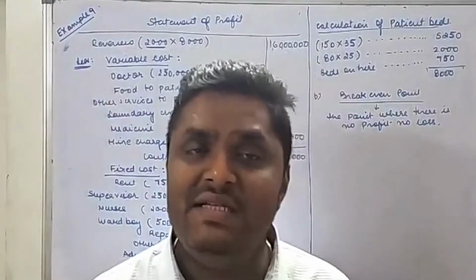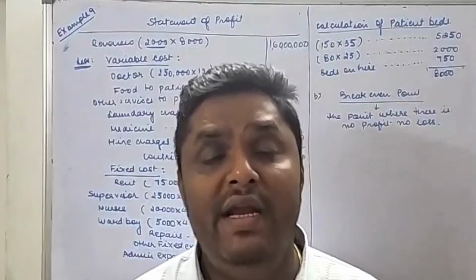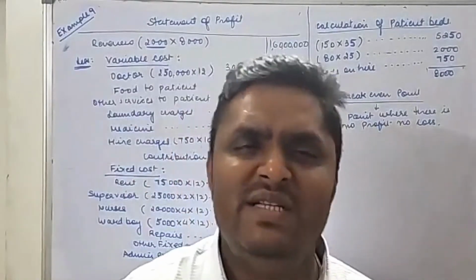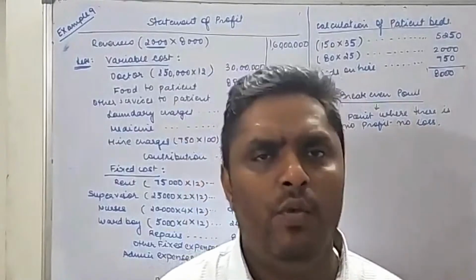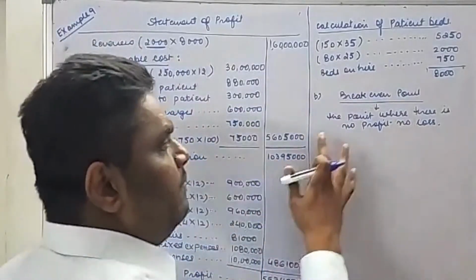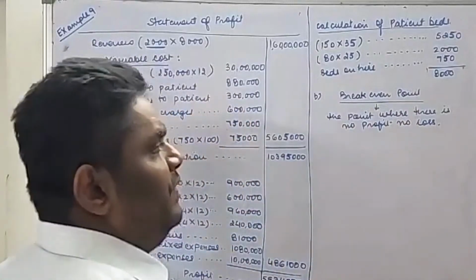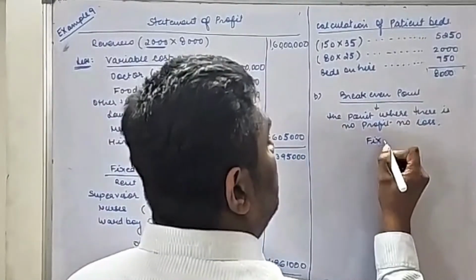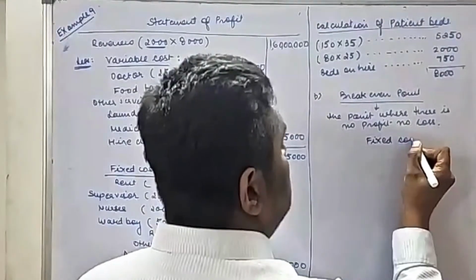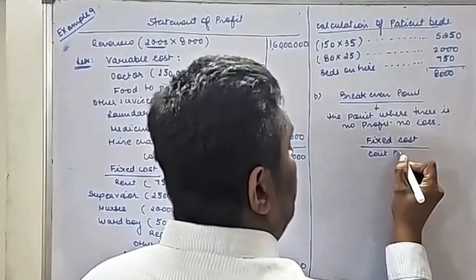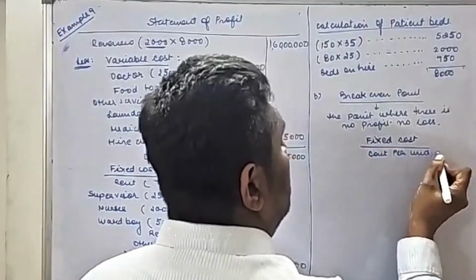Again, I'll be discussing this break-even point in detail in marginal costing, along with a few more points. So as of now, for your reference, what is break-even point? The point where there is no profit, no loss. To calculate break-even point, it is fixed cost divided by contribution per unit.